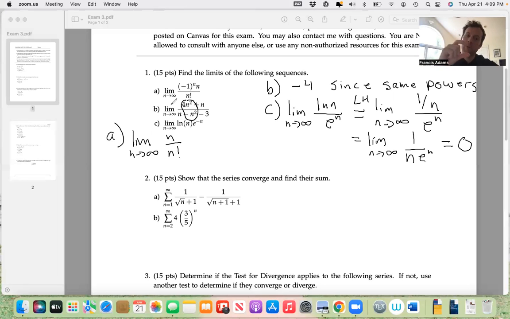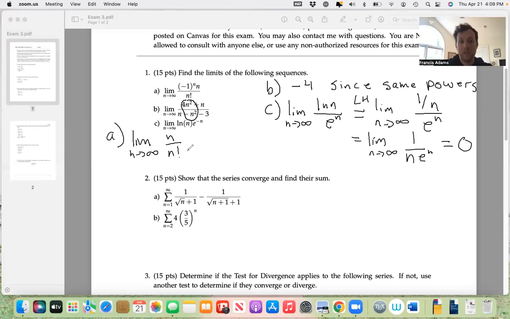It's bouncing around, but bouncing closer and closer to 0. If this converges to like 1 or something anything other than 0, then it's bouncing between positive that value and negative that value when you put the alternating factor back in, and then that alternating sequence will diverge.